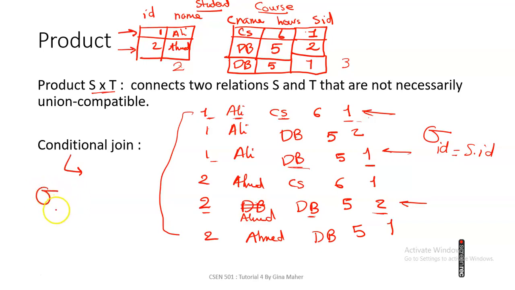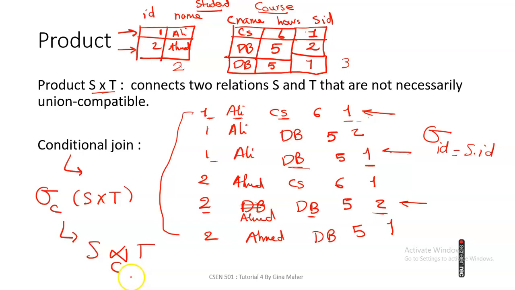So, selection after product can be written as S join with T under a conditional join, which is C. So this one is equivalent to this one. So in this case, if we want to get the students that are enrolled in a specific course, we can simply write student conditional join T, where the condition is ID equals SID.